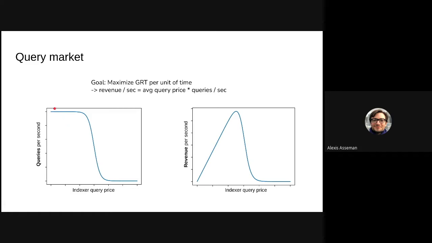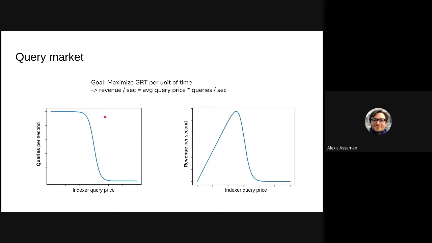If you set a very low price, you will get quite a lot of queries. There's somewhat of a plateau, right? And as you increase your price, the number of queries per second you receive will sharply go down, all the way down to the 0 queries per second plateau, right?